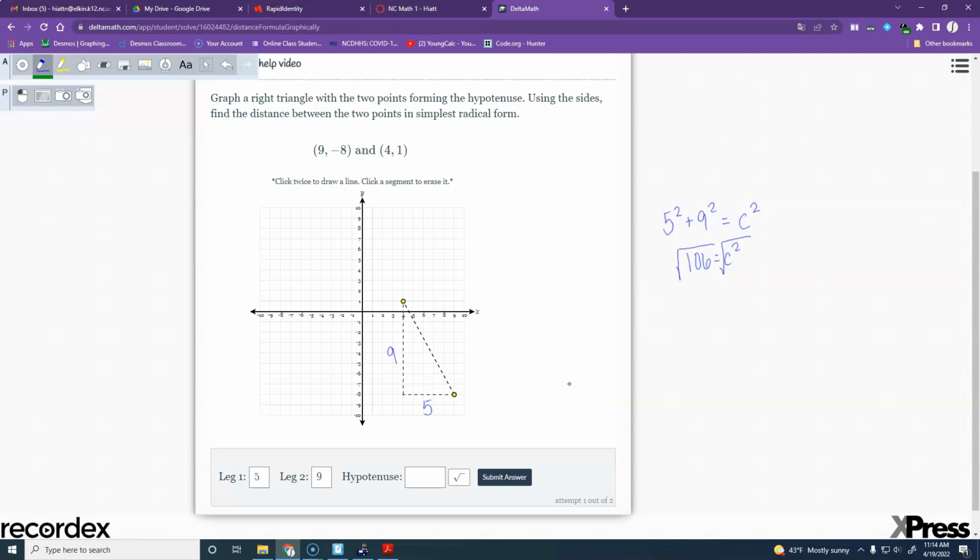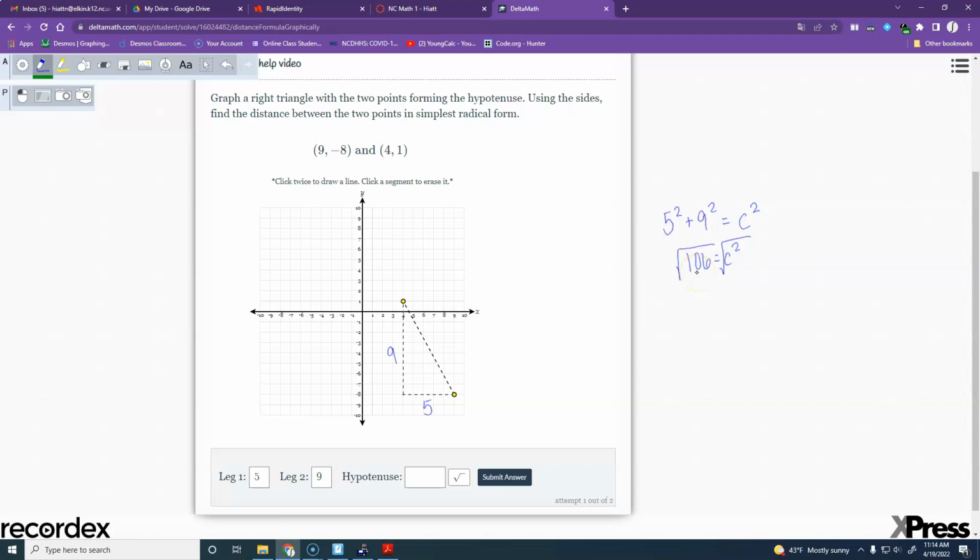So I've got to teach you how to do something. Some of these, like this particular example, it's going to ask you to draw in the triangle, so you're drawing your segments. You're going to put the length of leg 1, length of leg 2. I don't think it matters which one's leg 1 and leg 2. You're going to do Pythagorean Theorem. I'm getting square root of 106.